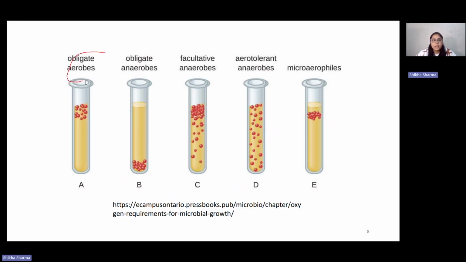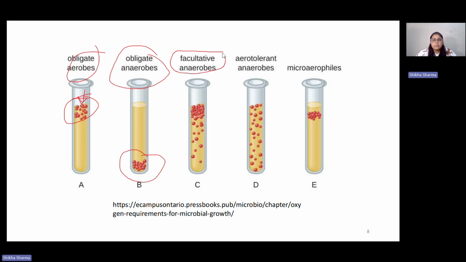So the obligate aerobes are the ones which need oxygen to grow. That's why they grow at the surface, because they get oxygen from there. And then the obligate anaerobes are the ones which cannot tolerate oxygen. So they will grow at the bottom, so that the oxygen contact will be minimal or zero.